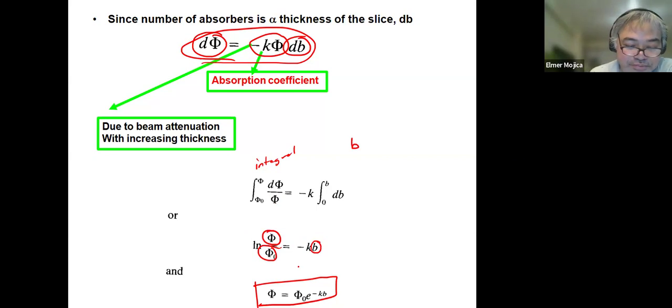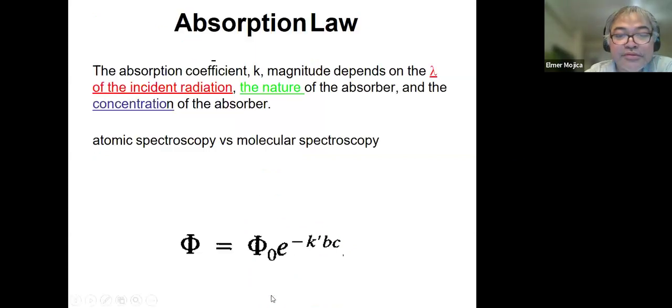You end up getting this relationship. Out of this, we can say that the absorption coefficient K depends on the wavelength of the incident radiation, the nature of the absorber, and the concentration of the absorber.